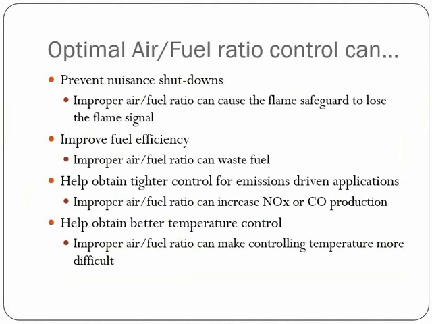The flame safeguard monitoring the process will lose the flame signal as it goes out after you lose combustion, causing you to shut your process down, repurge your system and relight, and potentially scrap any bad product that might have been in your furnace at that time.